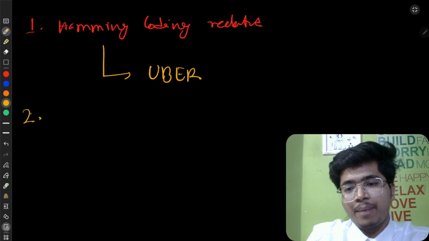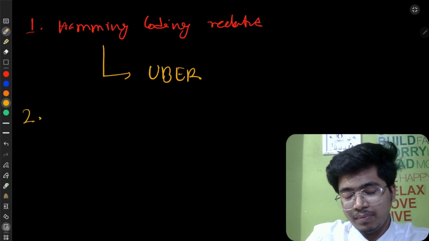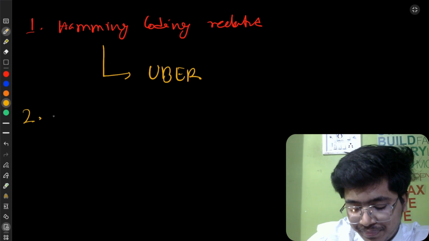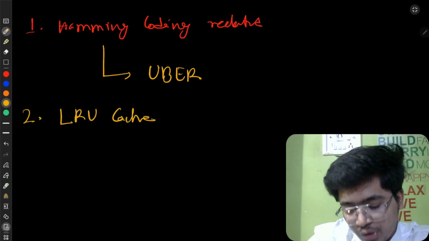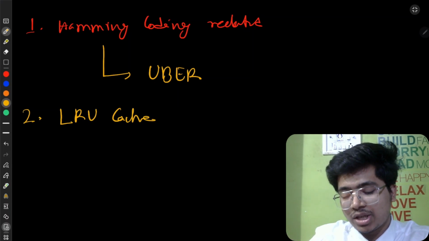The second question was medium or hard level. This was also a hard level question, from linked list. The second question was LRU cache. This is a very famous linked list question. If you don't know the algorithm you have to use for LRU cache, it is simple.